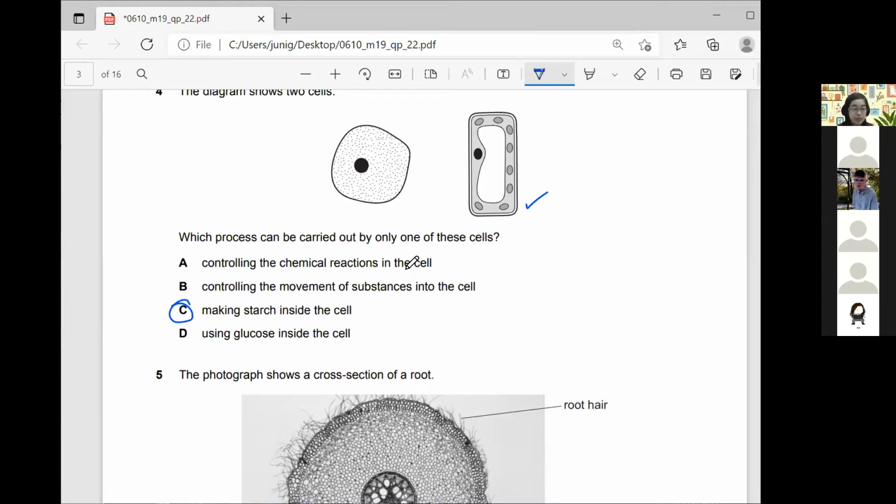Because both cells will undergo a process called respiration. In the end, they are still living things. All living things need to carry out respiration, even plant cells. So respiration will consume glucose. Yeah, so D cannot also lah.